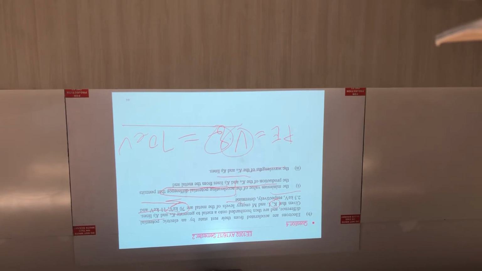Then, what's the wavelength of the K alpha and the K beta line? Well, K alpha accounts for the energy difference between EL minus EK. EL and EK are all given in the question, and then this difference is related to h c over lambda.